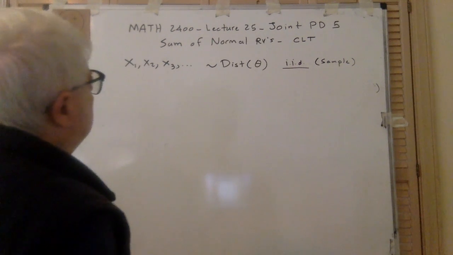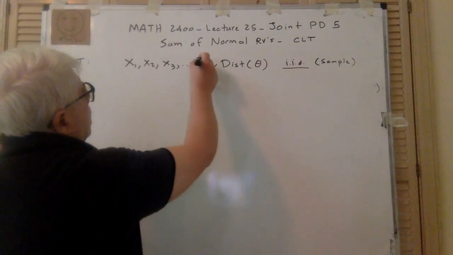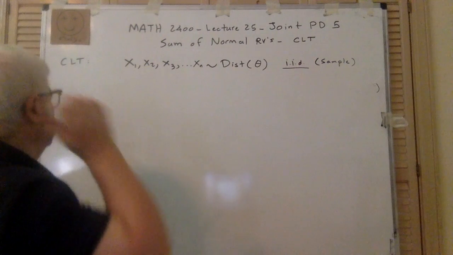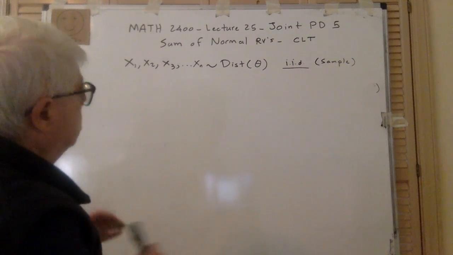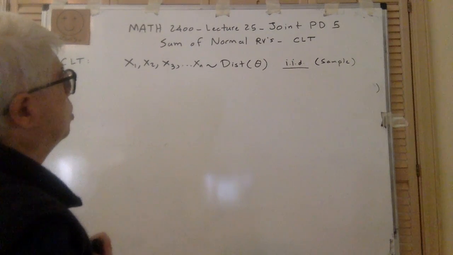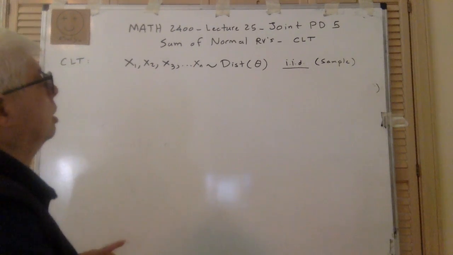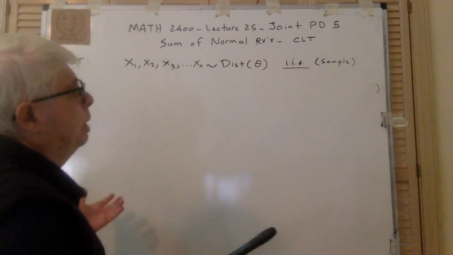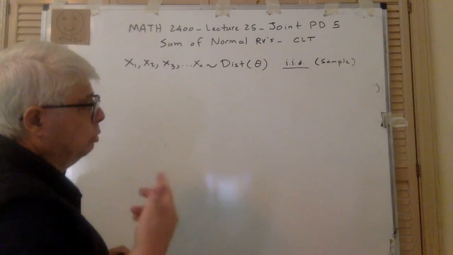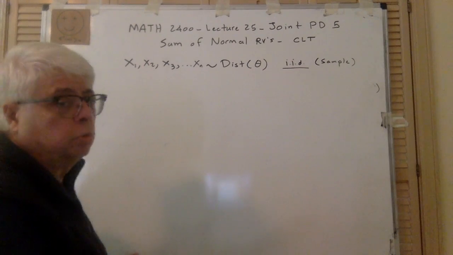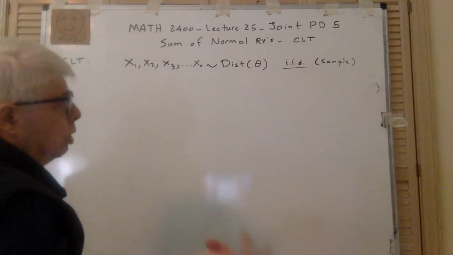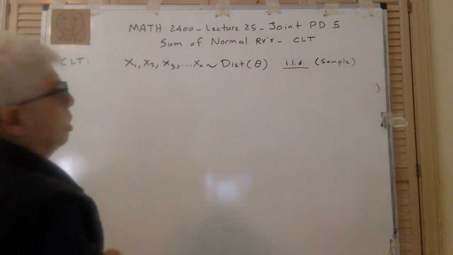So you can stop at some n here, and this is like a sample now. So we have a sample of size n, and they come from some distribution with some parameter theta. This parameter can be like a vector, which means that it can be more than one; for the normal distribution we have two, mu and sigma squared. But it can be one, like for the exponential, which is just lambda.